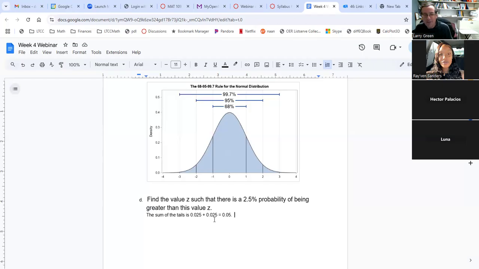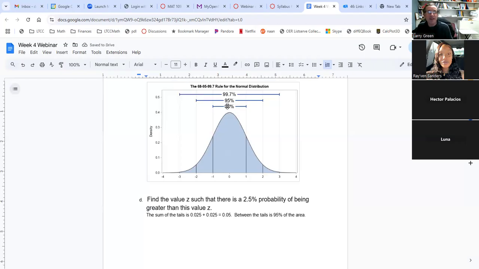So there's a 95% chance of winning. So that means that between the tails is 95% of the area.